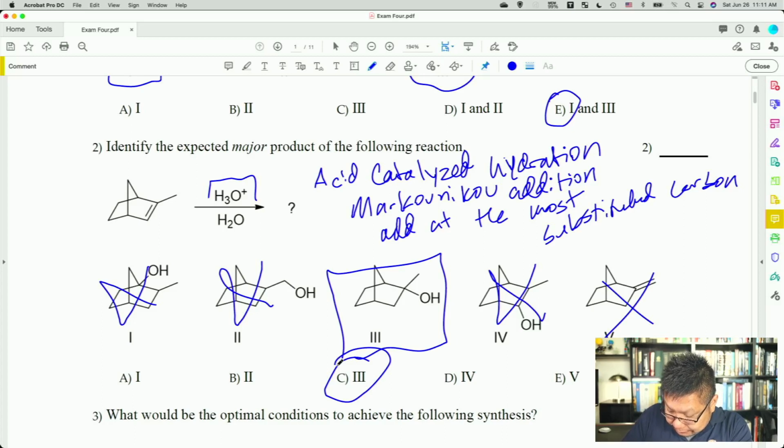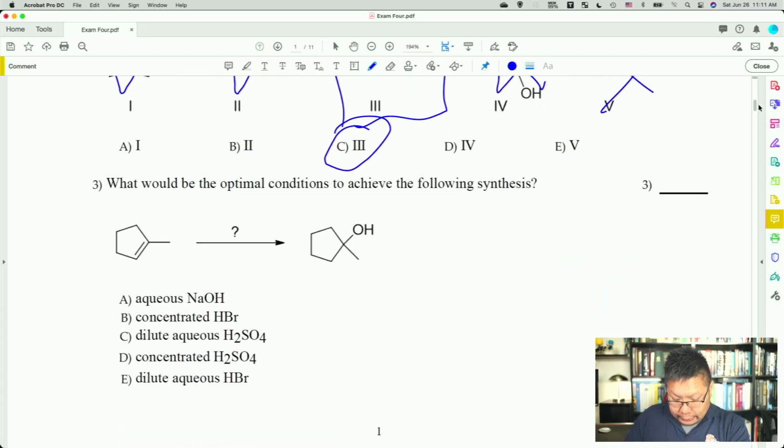Next one. What are the optimal conditions to achieve the following synthesis? This is another acid catalyzed hydration. The key to this one was figuring out whether it was going to do the acid catalyzed hydration, or if it was going to do a dehydration. Since you're going this way and adding an alcohol, it's going to require some dilute sulfuric acid.